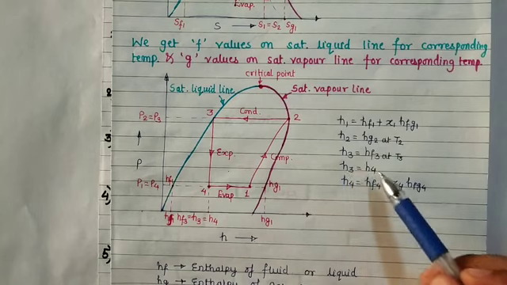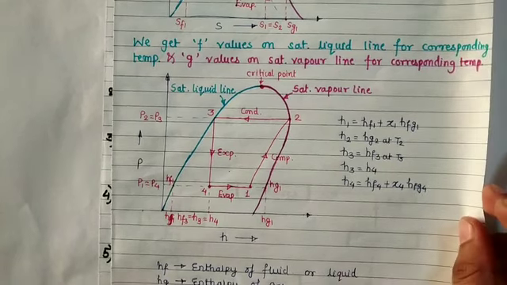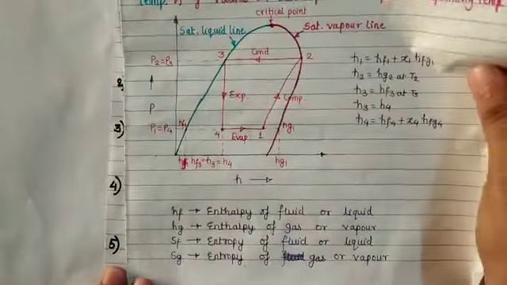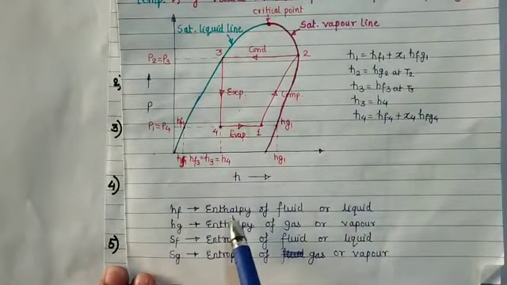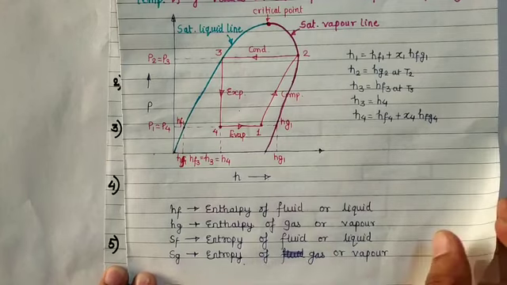H3 and H4 will be same because the expansion process is isenthalpic. Again I have mentioned here what hf and hg mean. hf is enthalpy of fluid or liquid and hg is enthalpy of gas or vapor condition. sf is entropy of fluid or liquid and sg is entropy of gas or vapor.